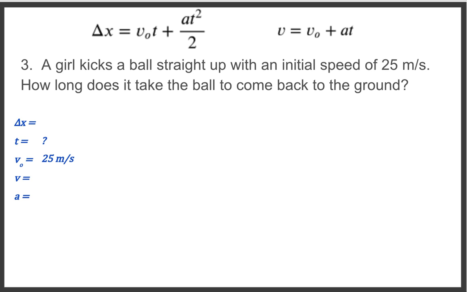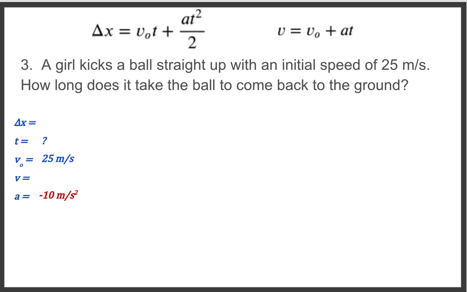All right, so how about some hidden information here? Again, once the girl has kicked the ball and it's no longer touching her foot, that's the part of the motion that we're looking at here. At that point, the ball is in the air, only gravity is acting, and so we would be able to say that the acceleration is negative 10.